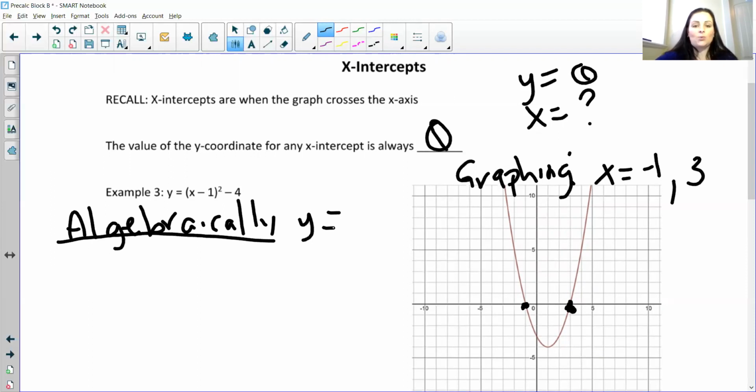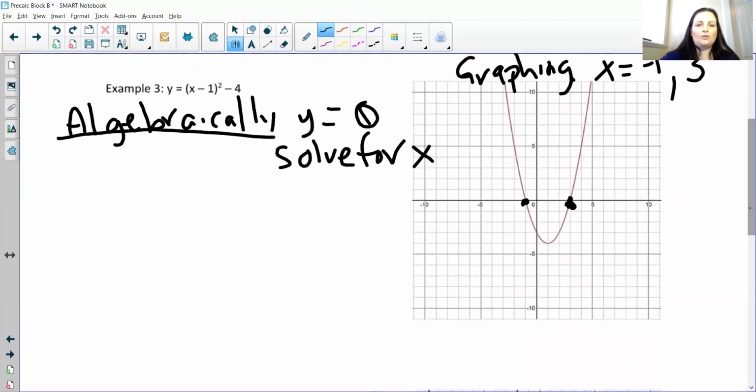So algebraically, we can solve for x. We set y to be equal to 0 because that's the value of y at those x-intercepts, and we're going to solve for x. Okay, so here is the equation for that line. It says y equals (x minus 1) squared minus 4.